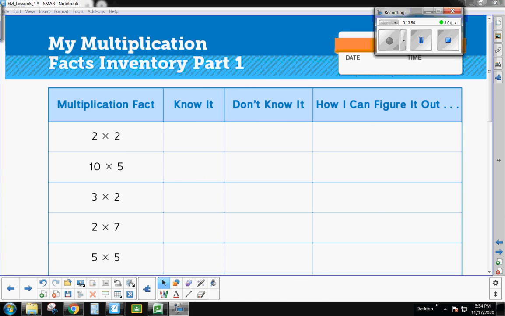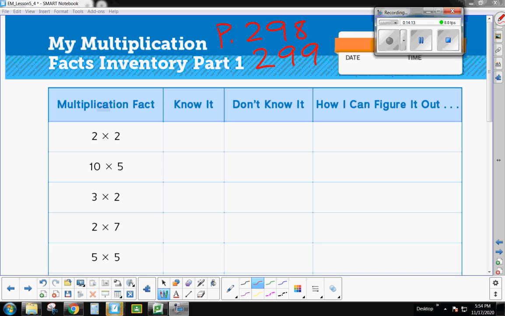All right, boys and girls, this would be a good time for us to do a multiplication fact inventory. If you go to page 298 and 299, you can do a quick inventory check to see which multiplication facts you know right away.